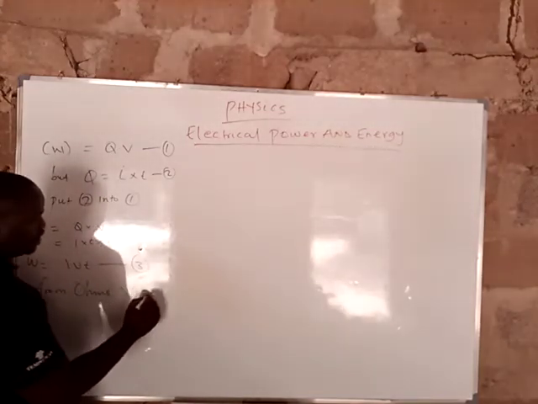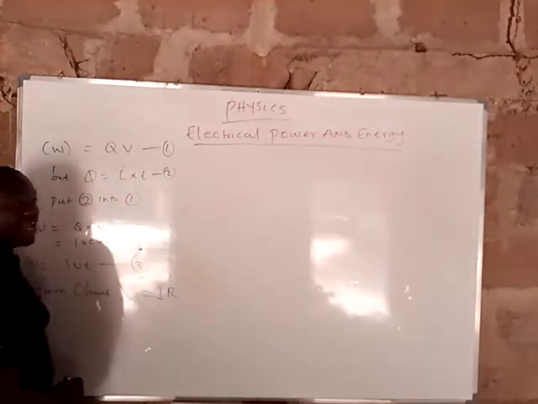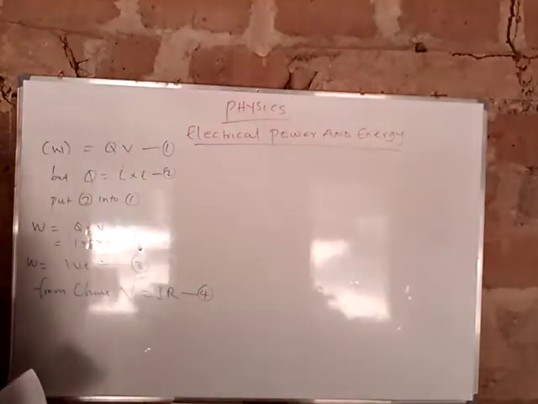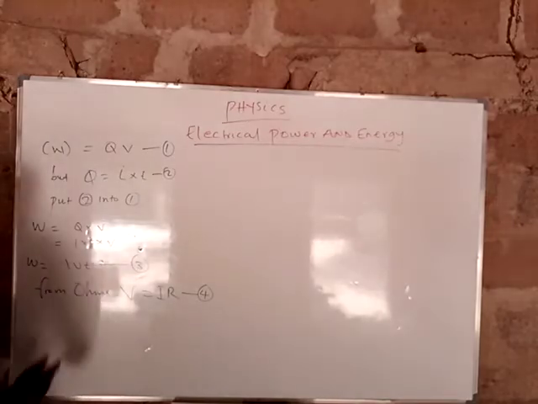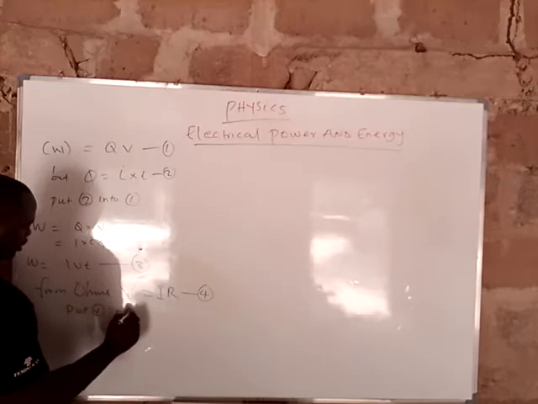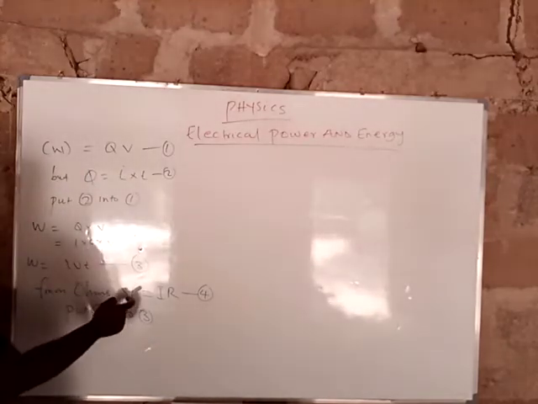Now from Ohm's law, we know that V is equal to current times R. V is equal to IR. And let me call this my equation 4. Now look at what I want to do. I will put equation 4 into 3. So wherever I see V in equation 3, I will replace it and put what?